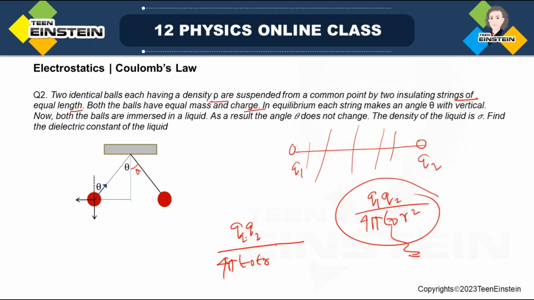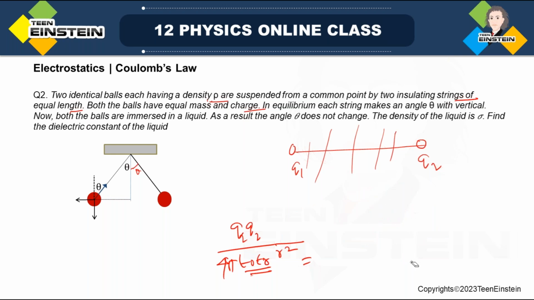So the force is Q1 Q2 by 4 pi epsilon naught epsilon r into r square. In this case, this is different from the original force. Let us call this F prime.